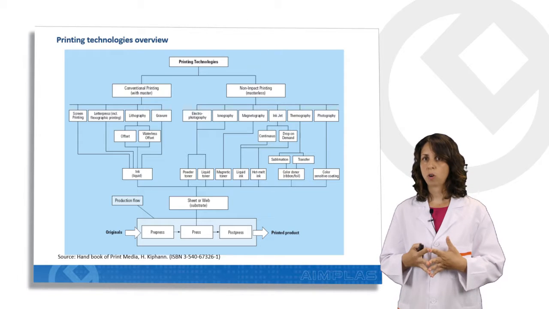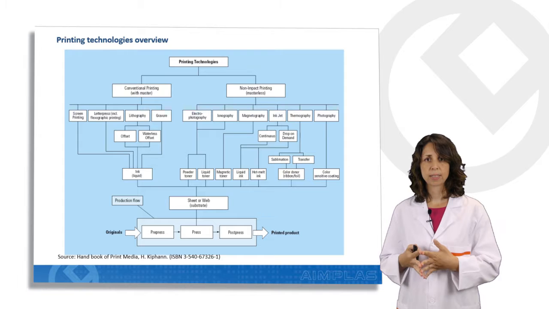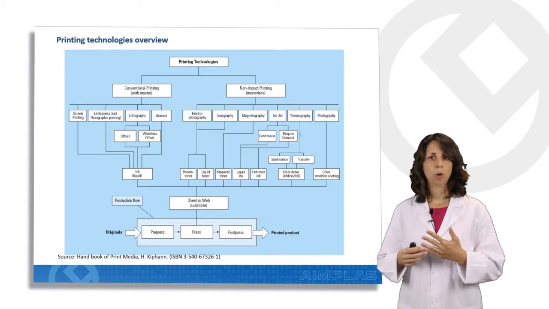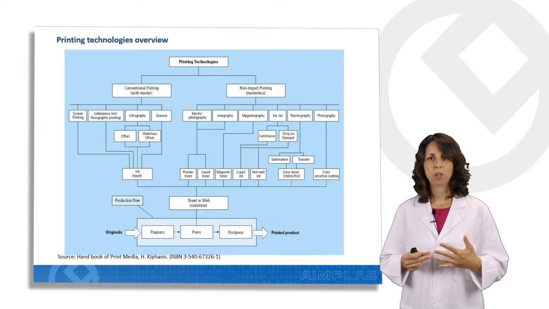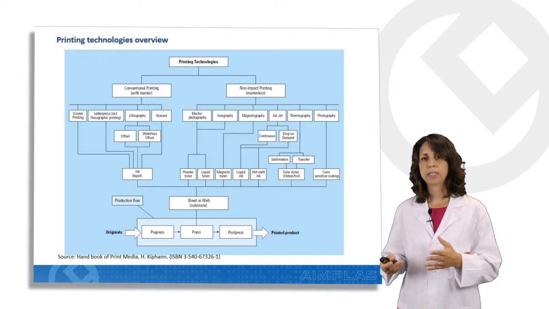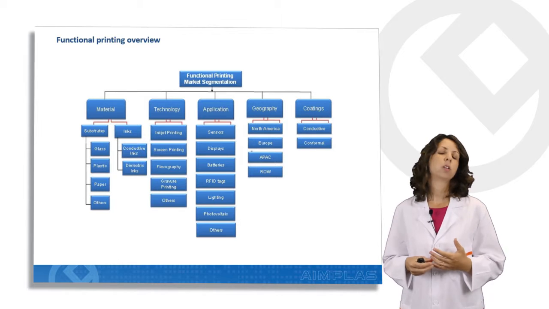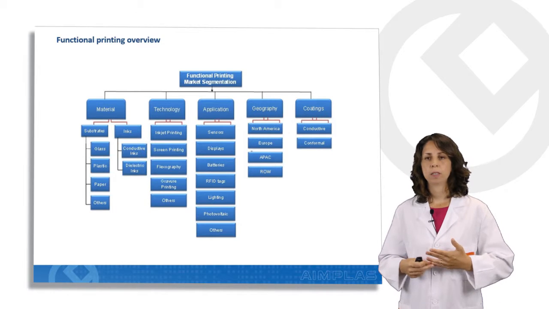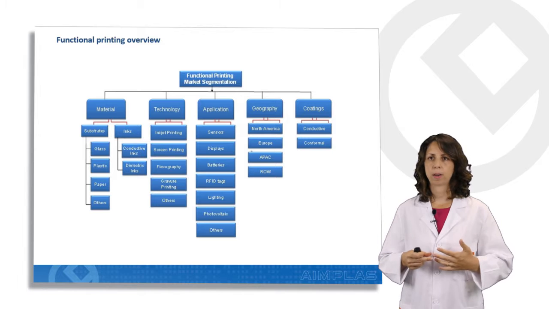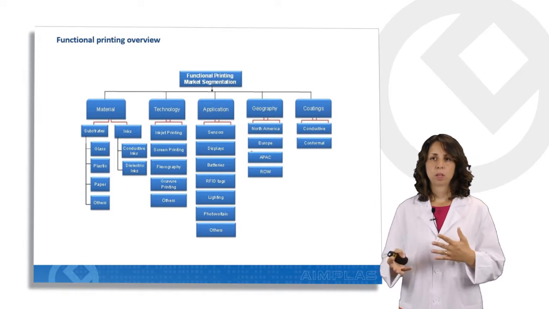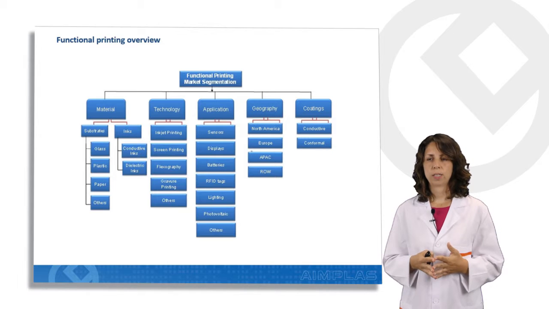conventional printing technologies, such as we use commonly to print pharma packaging, for example, offset printing, flexography, gravure, or digital printing, such as inkjet, in which we can use conventional substrates, plastic, paper, glass, and functional inks with different conventional printings.